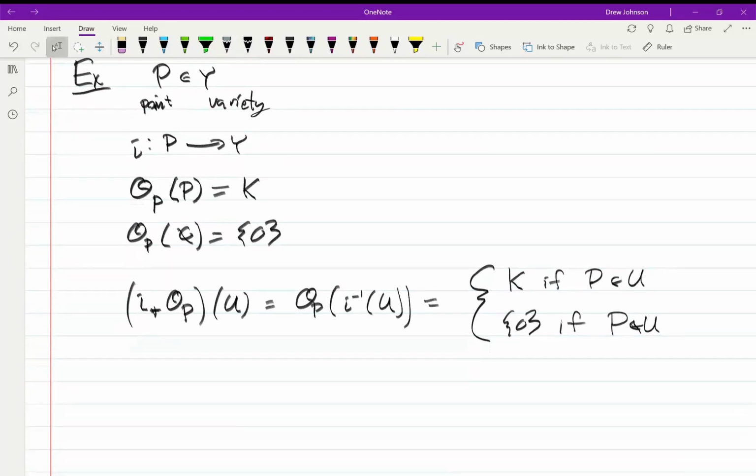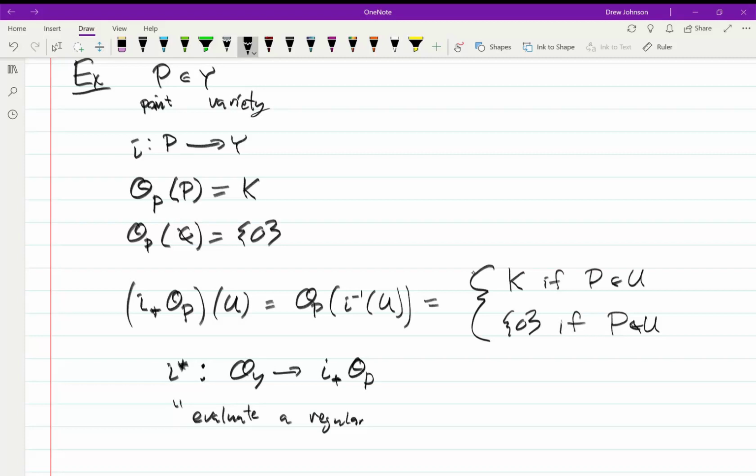We can also look at the pullback map, considered as a map of modules like this. And this is really just evaluating a regular function at P. If you think about what the pullback map is, the pullback map is just function composition.